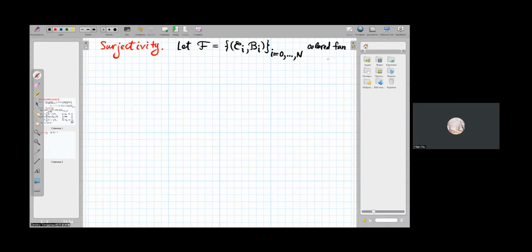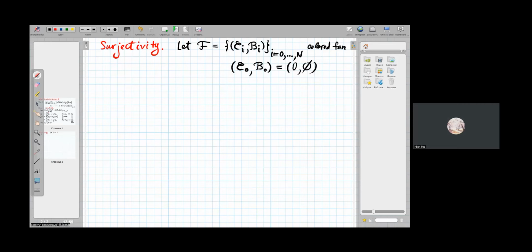And so we choose the numbering of these cones in such a way that the number 0 corresponds to the smallest cone in this fan. So we suppose, just by choosing the numbering, that (C_0, B_0) is the smallest colored cone in the colored fan, consisting of the zero cone and the empty set of colors. This colored cone corresponds to a simple spherical variety, which is just the homogeneous variety. Why not?